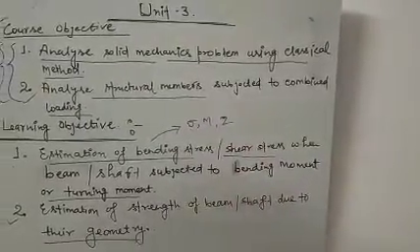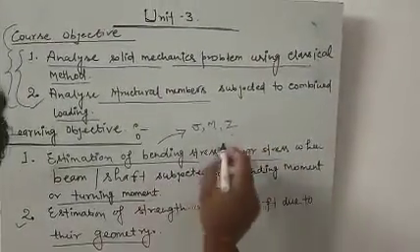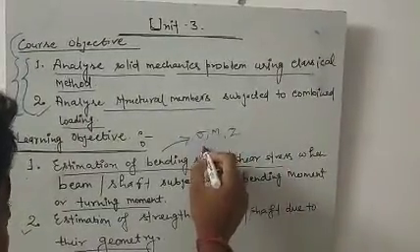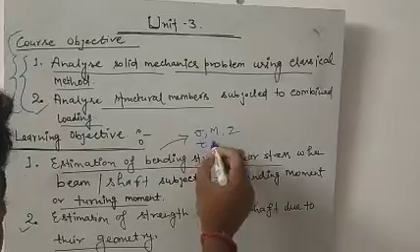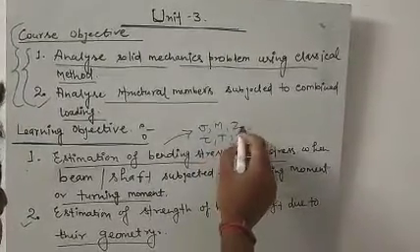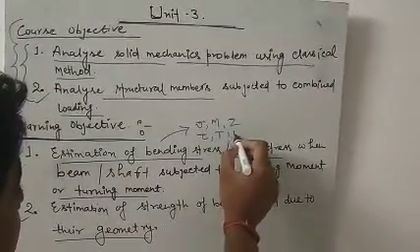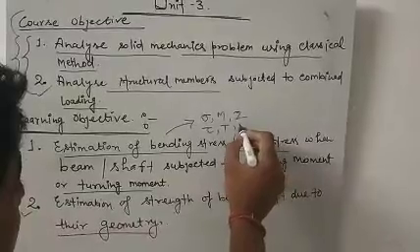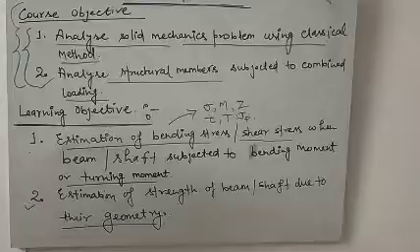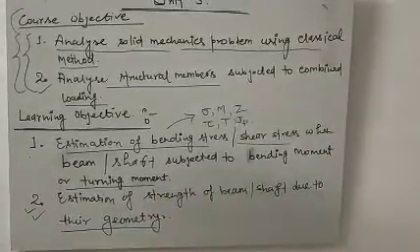And if we are considering a shaft, then it will be shear stress tau, turning moment T, and cross-sectional features of the shaft, which I denote by JP. And this one will help us out.